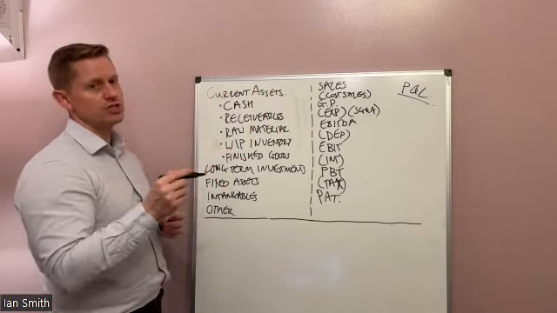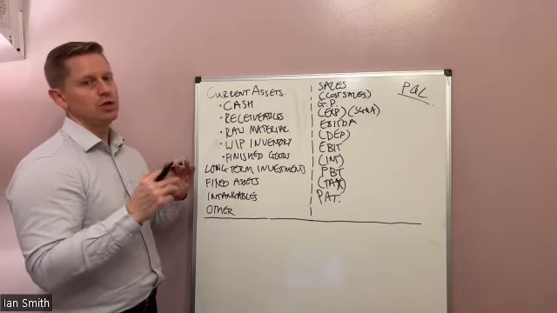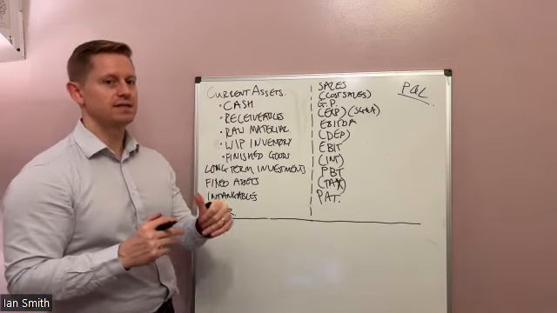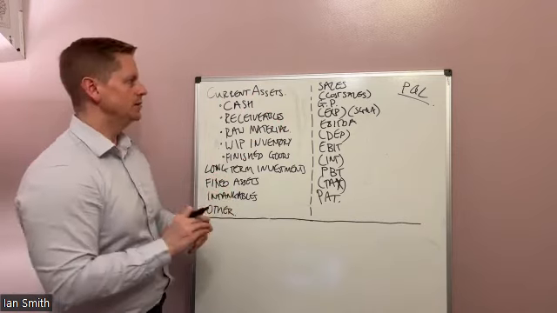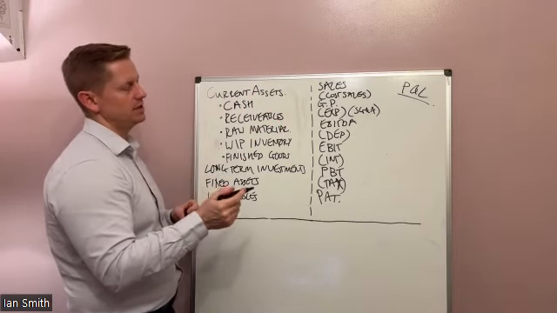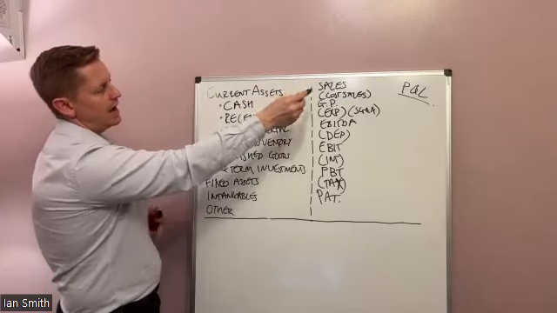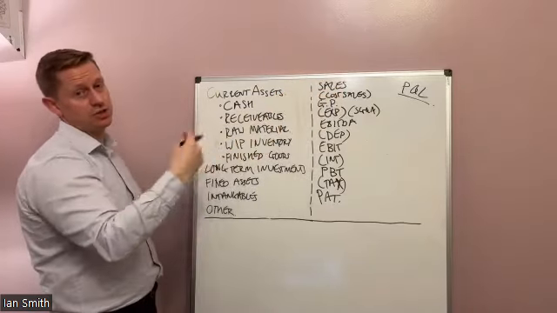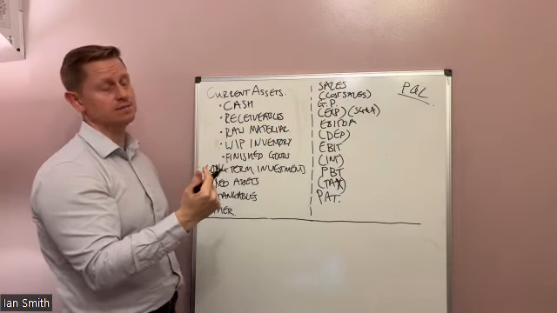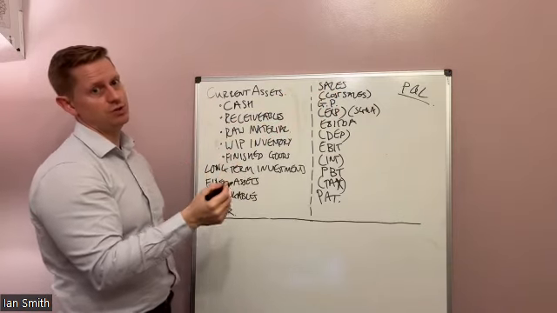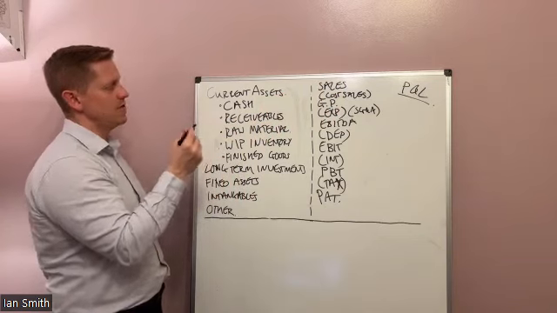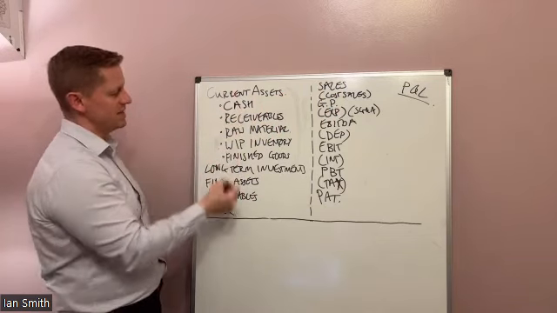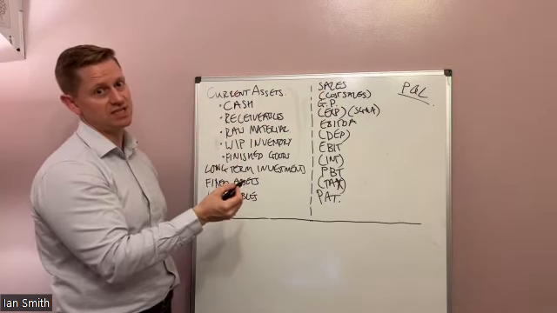But the first activity ratio looks at the total asset turnover. And what that means is it determines how net sales compares to the total amount of assets. And the reason why that's important is because you're able to understand what these assets are delivering in terms of sales.